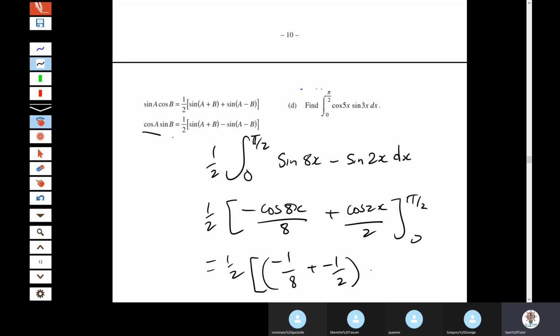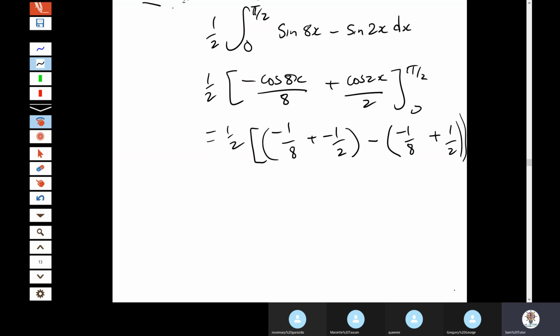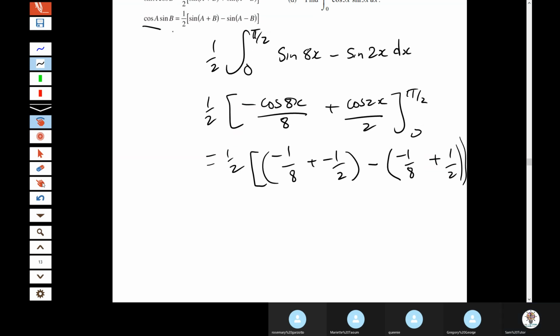Slowly, look at the way, slowly. Cos 0 is 1, so that's minus 1 over 8. Very slowly, half. Lots of room for error, and we know it, that's why we choose it. Negative an eighth plus an eighth, we can cancel out. Minus half is minus 1.